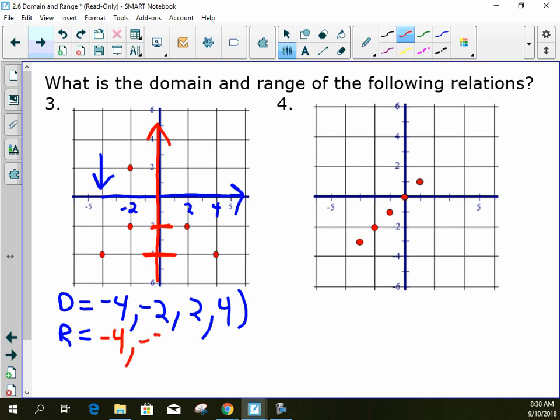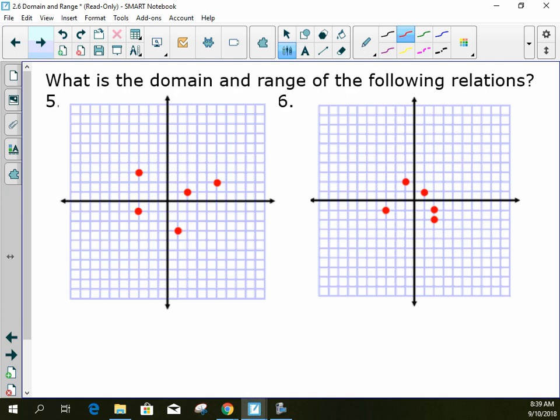Yep. Do I have anything at +2? Yep. That's it. So I went this way for the x, had something at -4, had 2 things at -2, only wrote 1, had 1 thing at 2, had 1 thing at 4. Do the same for number 4.